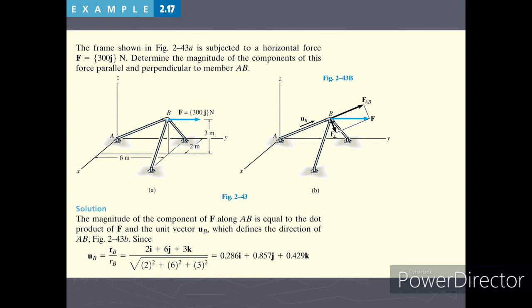So RA means from the origin O to point A. So if the coordinates of A is given as x1, y1, z1, isn't it? So how do I move from this to this point?